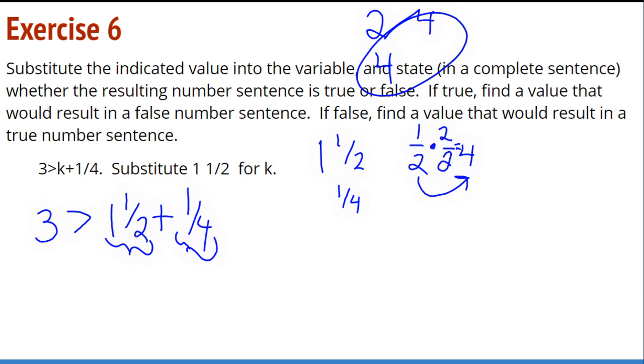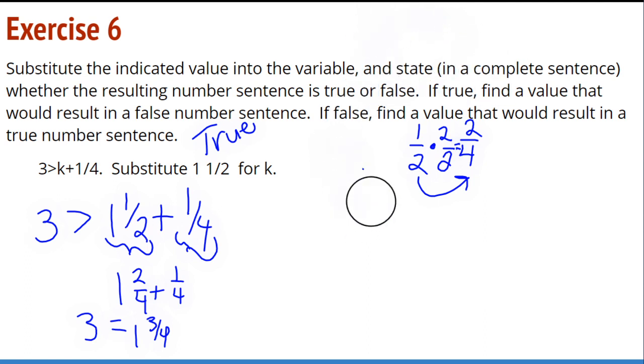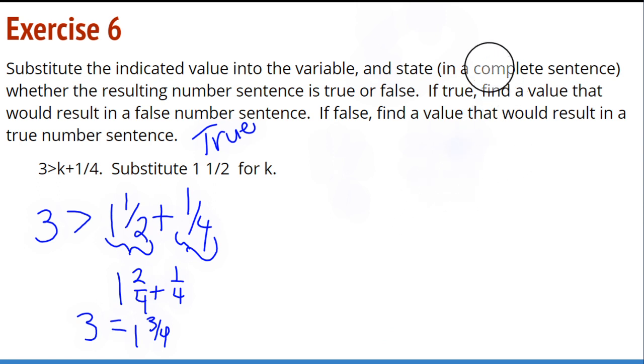So 2 times 2 gives me the 4, and 2 times 1 gives me the 2, and now I have an equivalent of 1 2/4 plus 1/4, which will give me 1 3/4. And 3 is greater than 1 3/4. So this would be a true statement if the value of k is 1½. Now I need a situation where it is a false statement.